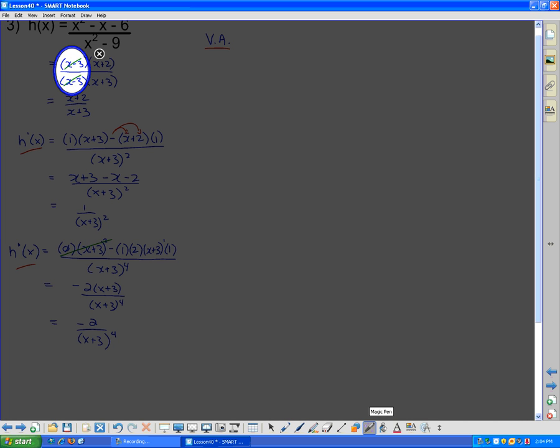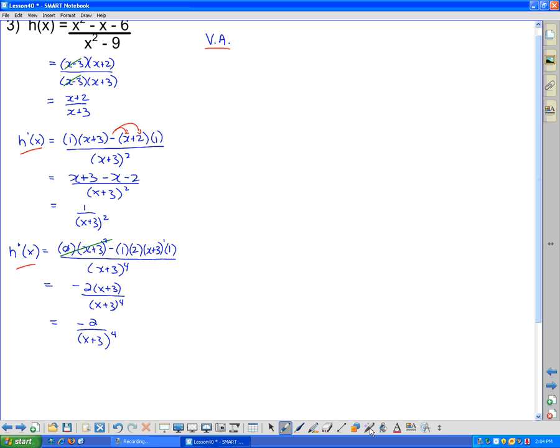From your MHF4U, you should know that, I'll put it as a star here, there's a hole. If something cancels out, it creates a hole at x equals 3. So there's a hole at x equals 3.